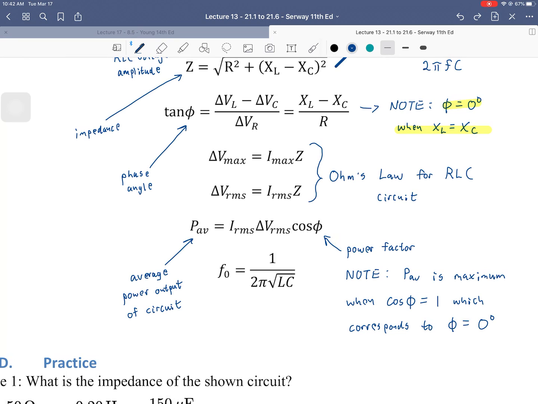So if we want a circuit to be operating at maximum power, we want to have balanced the reactances of our two frequency-dependent circuit elements, the inductor and the capacitor.